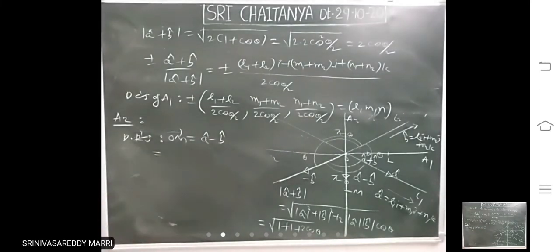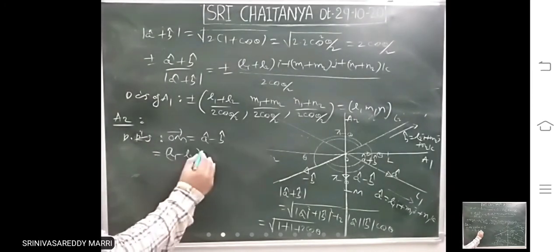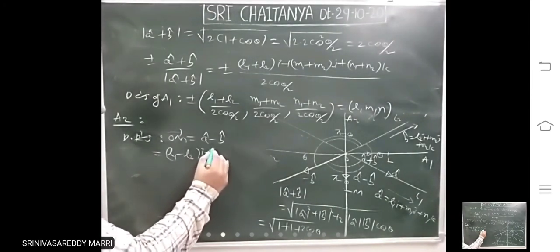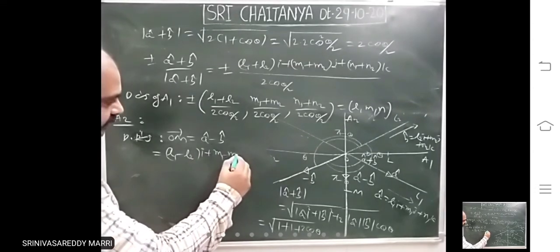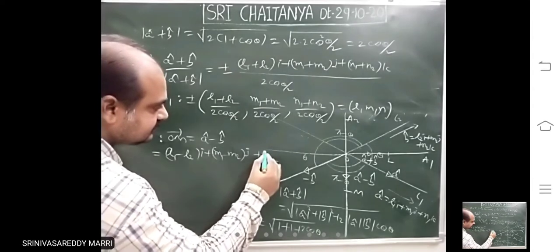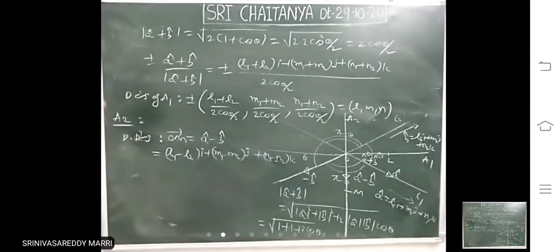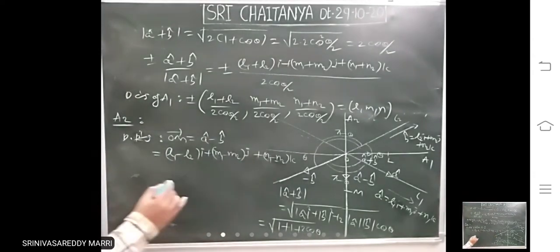That means (L1 minus L2) into i plus (M1 minus M2) into j plus (N1 minus N2) into k. Therefore, what are the coefficients?